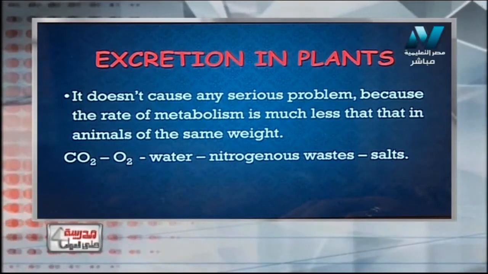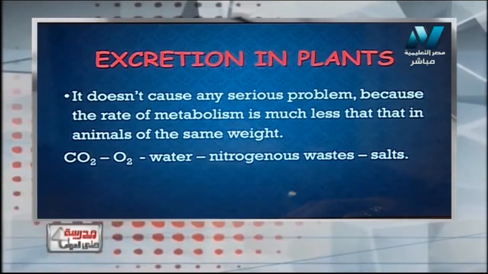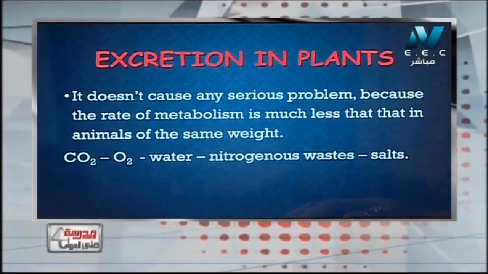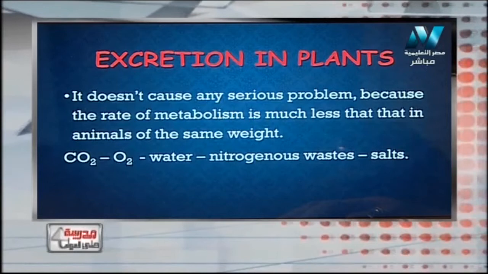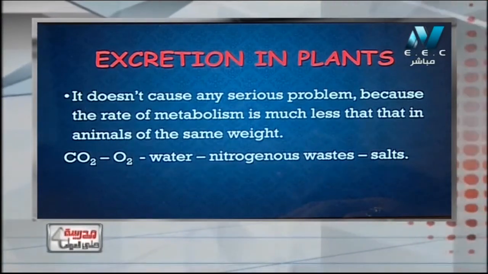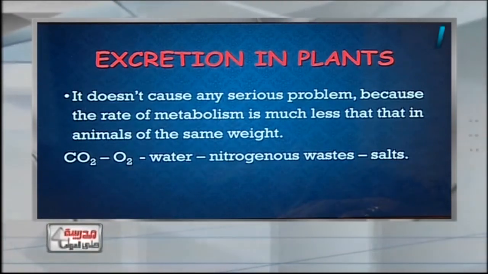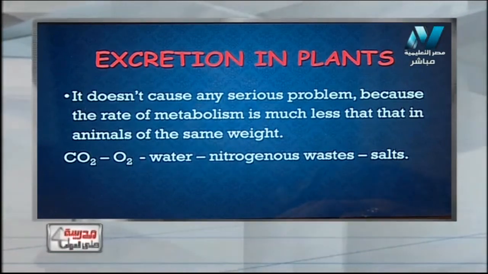So if we have two living organisms, one is an animal and another one is a plant of the same weight, for example 70 kilograms, the plant carries out metabolic activities slowly and the rate is much less than that of the animal of the same weight.